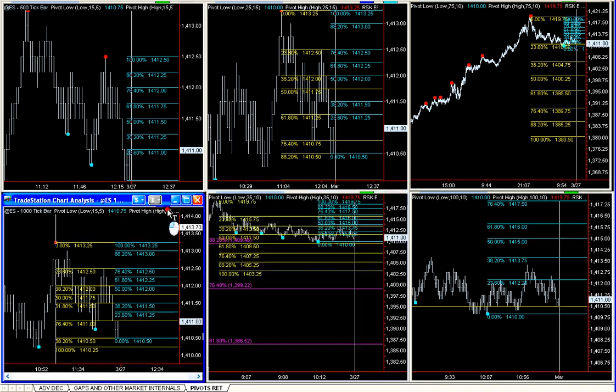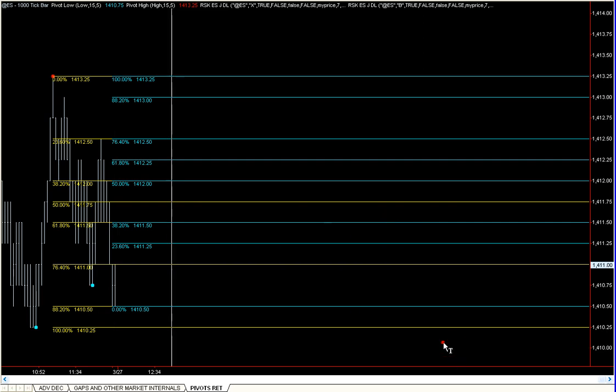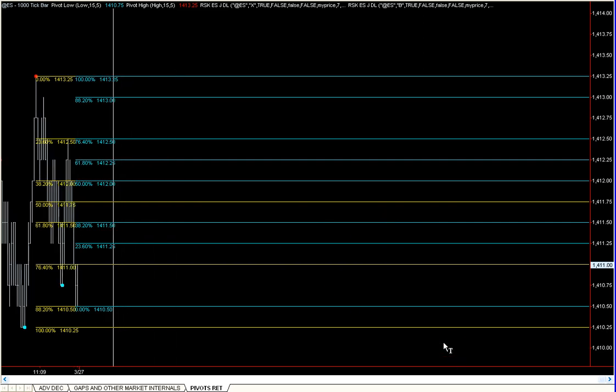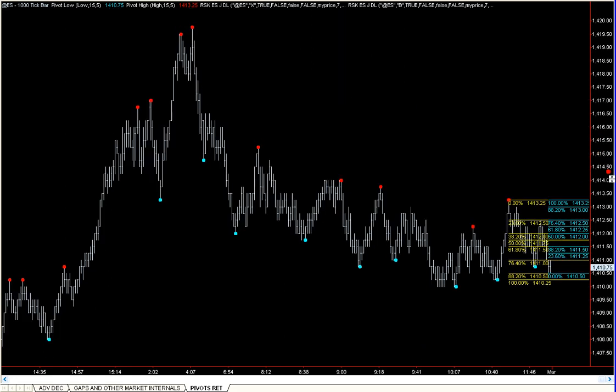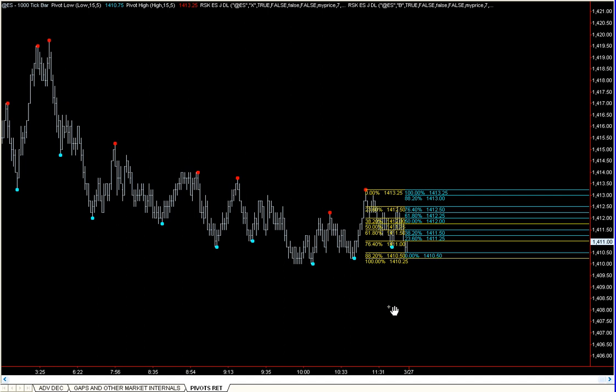Well, let's go back. Let's look at this chart here. Now you know that the way the automated retracement tool works, you can redraw historically your Fibonacci numbers by turning on the analysis commentary window.